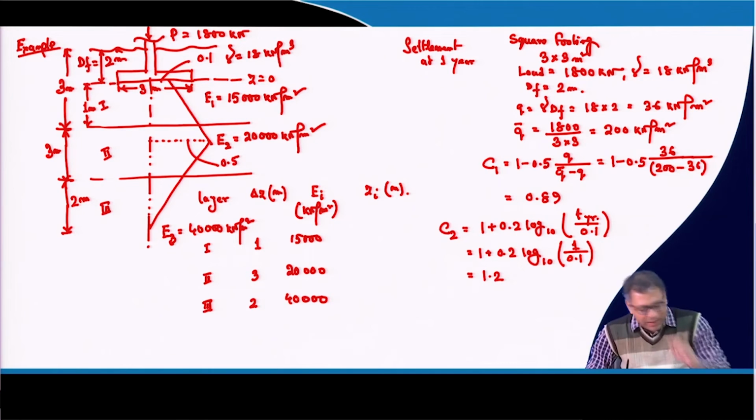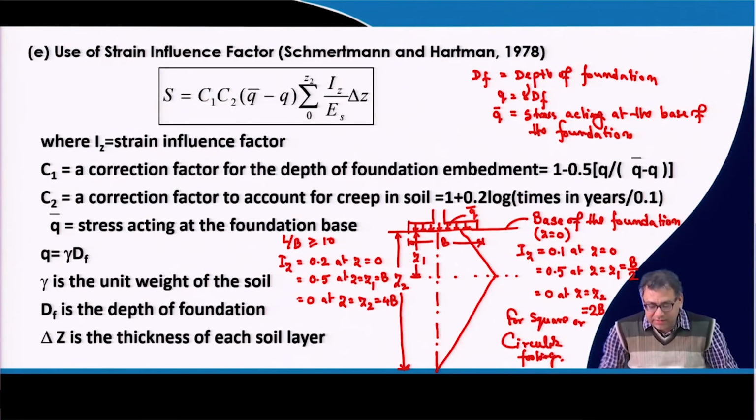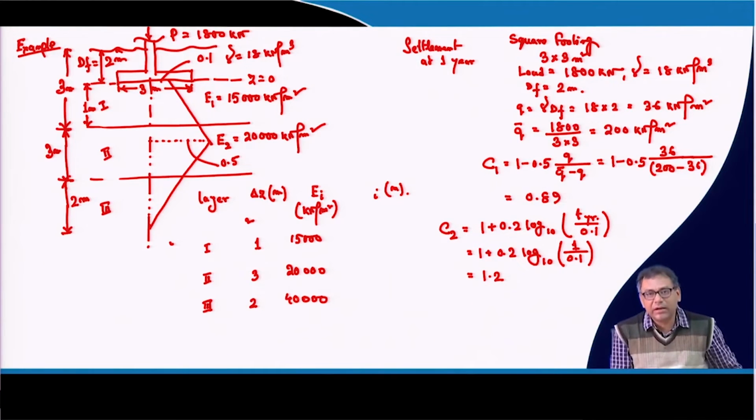Where will we calculate it? In this equation there is a summation, and we have to calculate all these influence factors Iz at the middle of each layer. We did the same thing for other cases also: we calculate the effective overburden pressure or the stress increment at the middle of each layer. Here also we will calculate at the middle of each layer, and that is Zi.